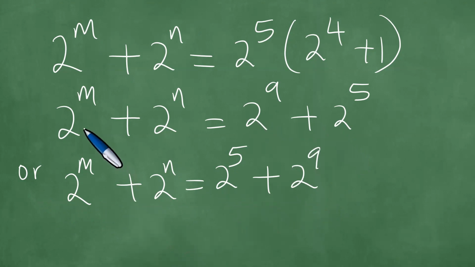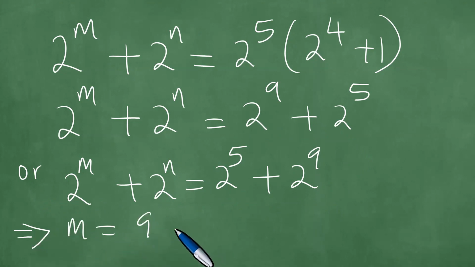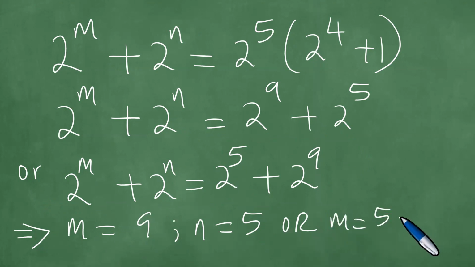Now, a couple of things are important for us. In the first case, by comparison, we can see that m is 9 and n is 5. Or, in the second case, we can see that m is 5 and n is 9.